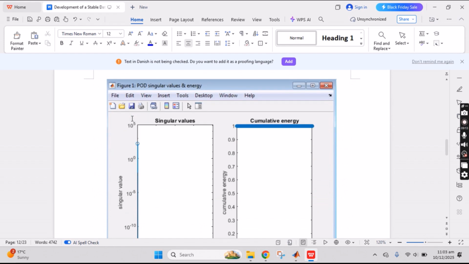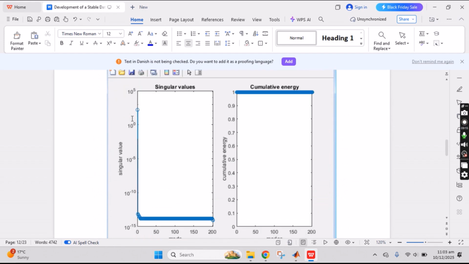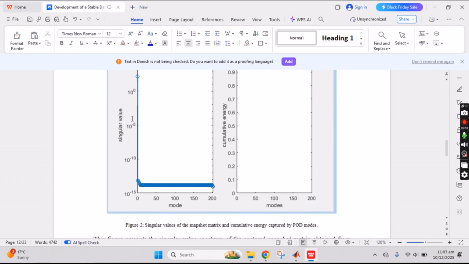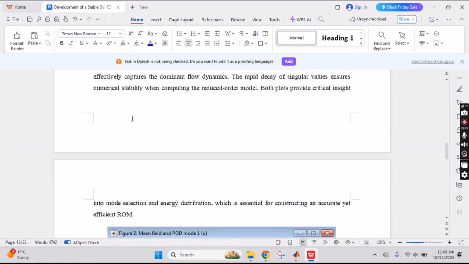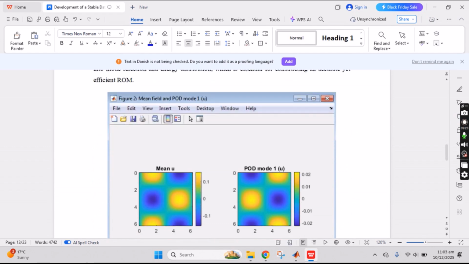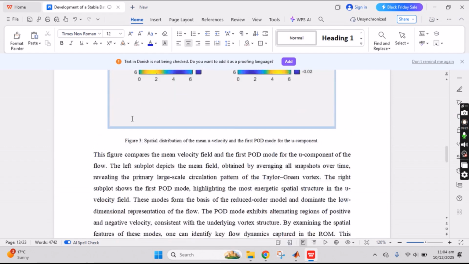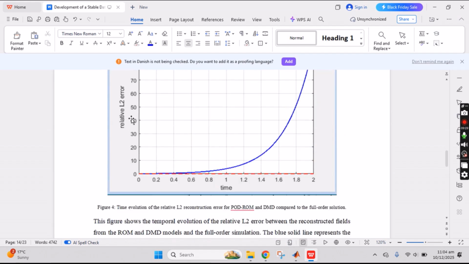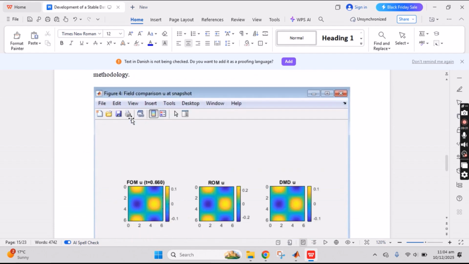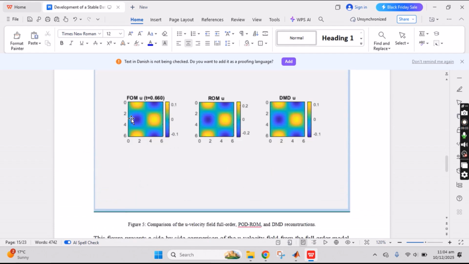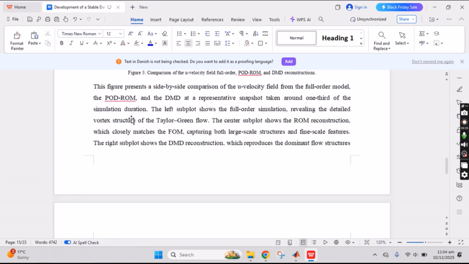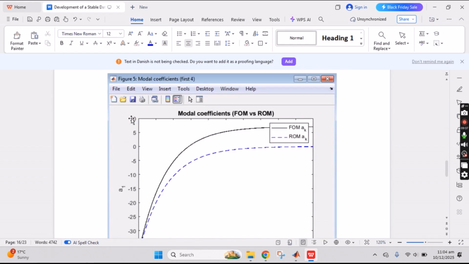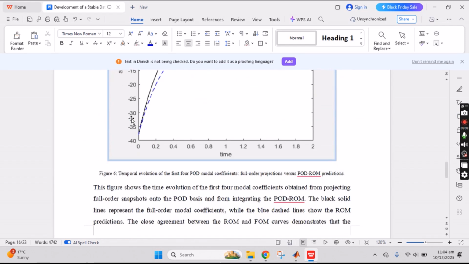So here is a simulation of the parameters used in it, and the time-dependent values of the dynamic mode decomposition, with the output results of singular values with cumulative energy. Okay, and here is the mean field and POD model, and this is the output result of relative reconstruction error, and here is the field comparison of U at a snapshot, and model coefficients FOM versus ROM.